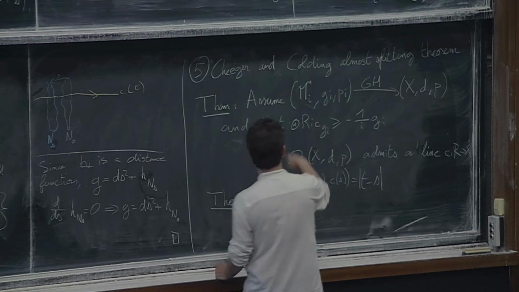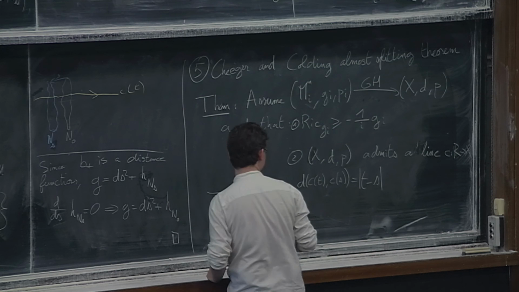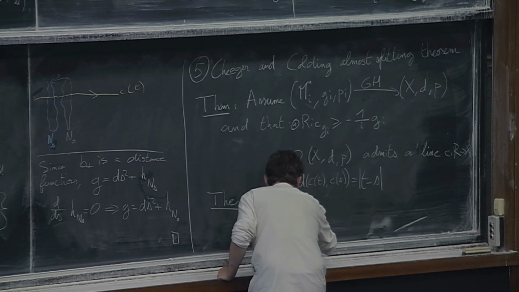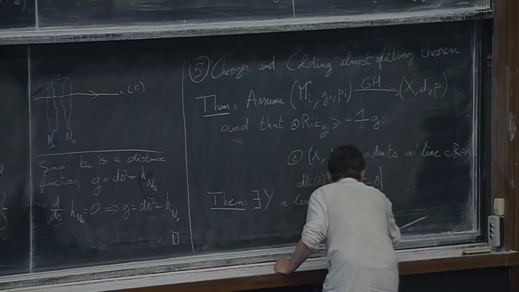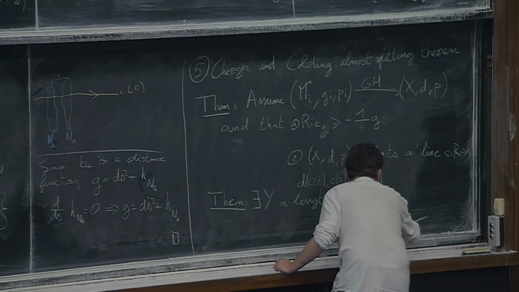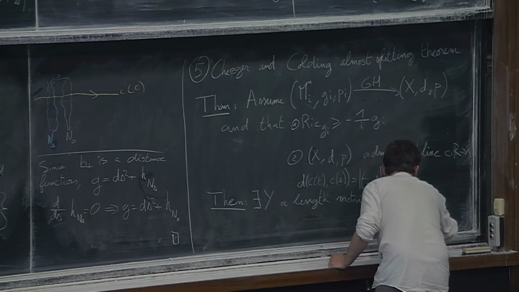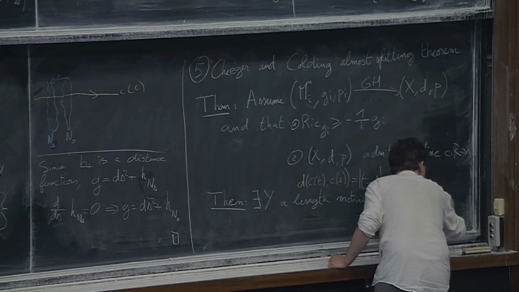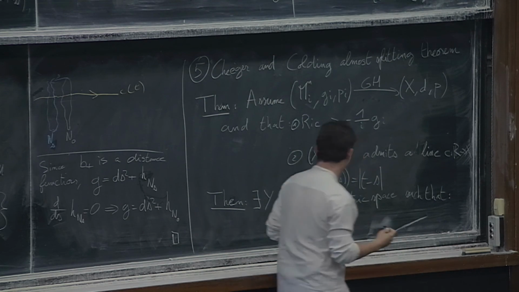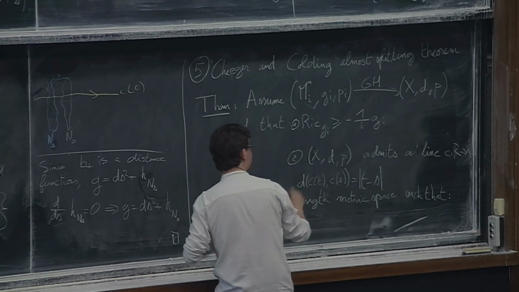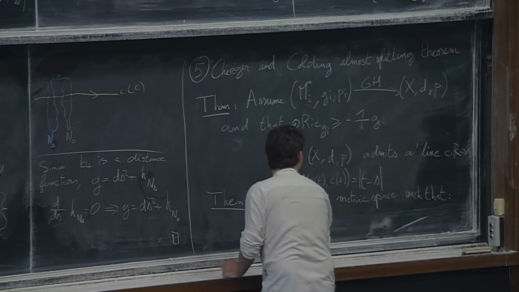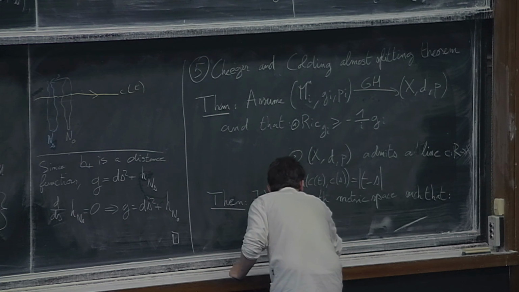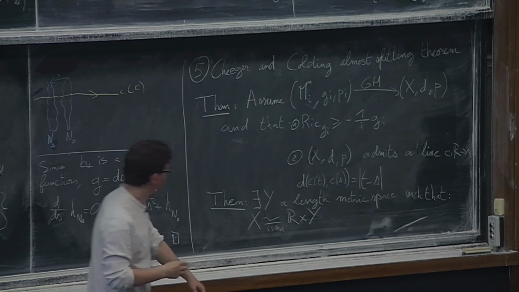Then there exists Y, a length metric space, such that X is isometric to R times Y. Okay?